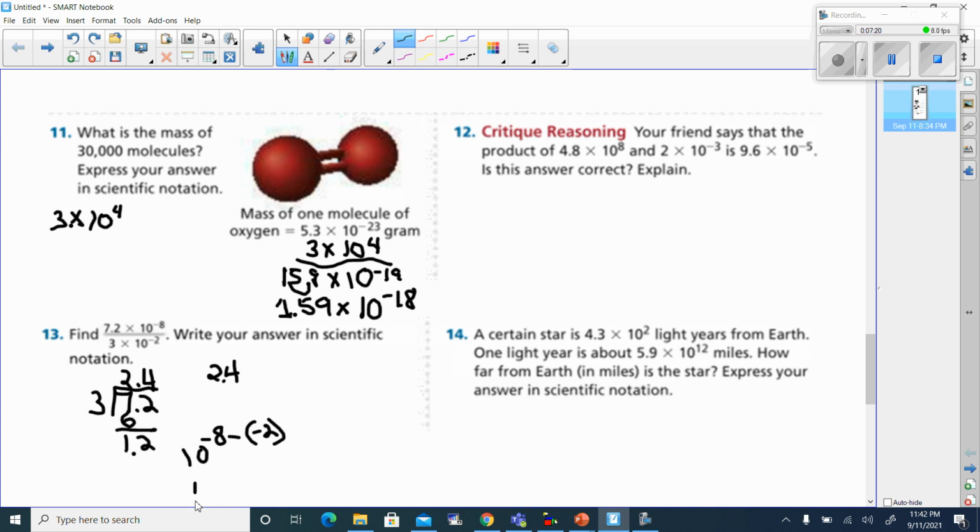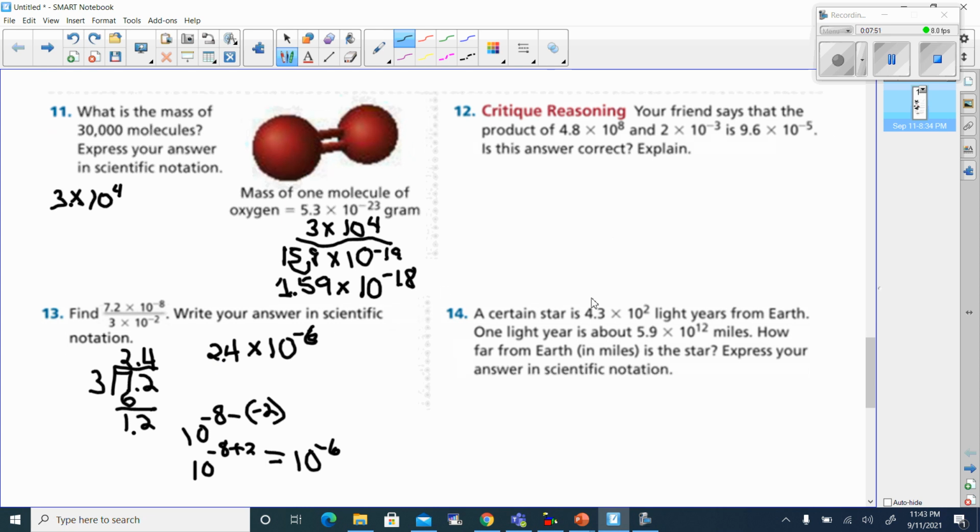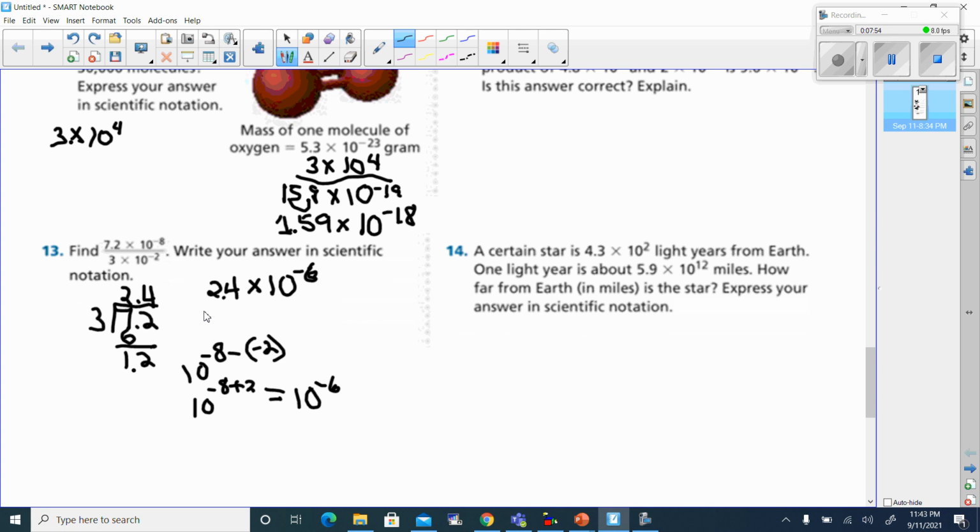So this turns to 10 to the negative 8 plus 2. Well, negative 8 plus 2 equals negative 6, so 10 to the negative 6. So that tells me I have 2.4 times 10 to the negative 6 power. All right. And let's move on. This is my answer, by the way.